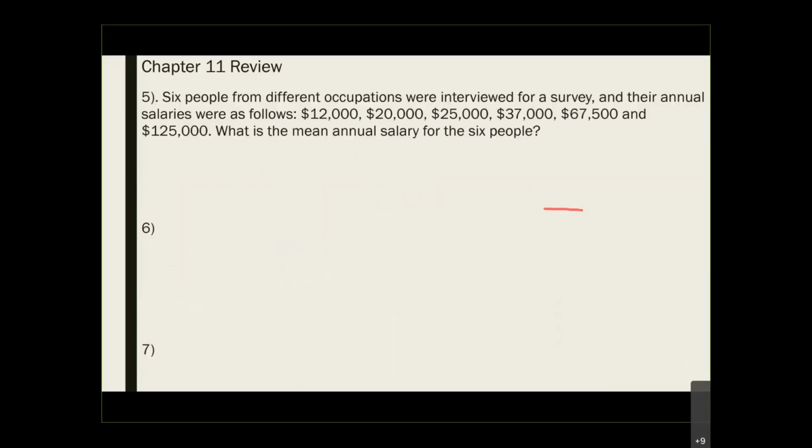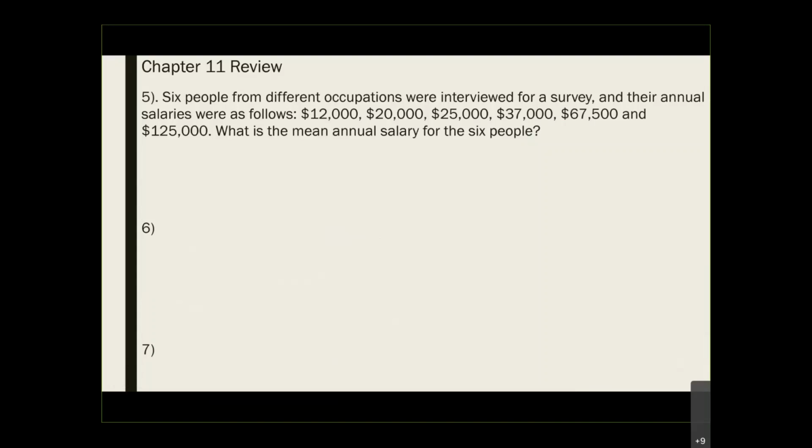number 5. Looking at number 5, they ask you more about your sample, which is 6 people from different occupations who were interviewed for a survey, and this is their salary. They ask you what is the mean annual salary. How do we find the mean?